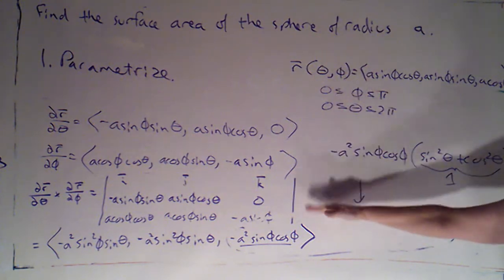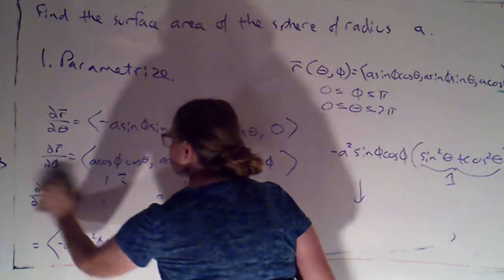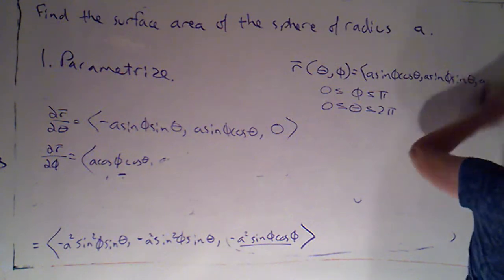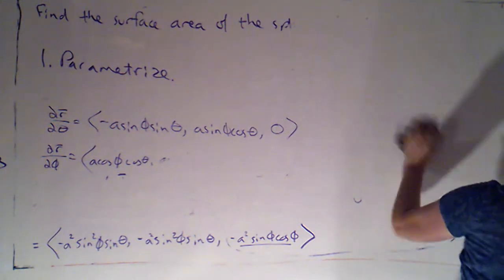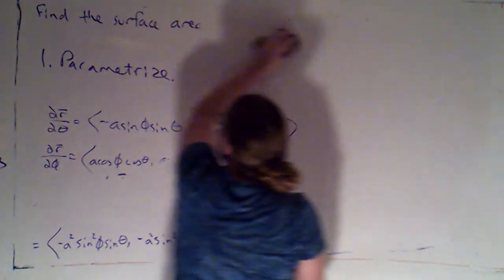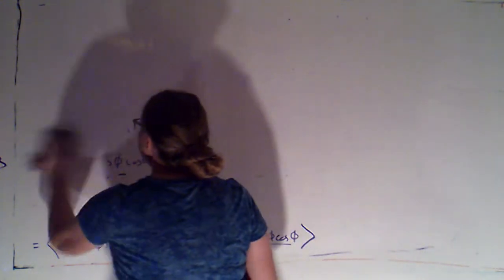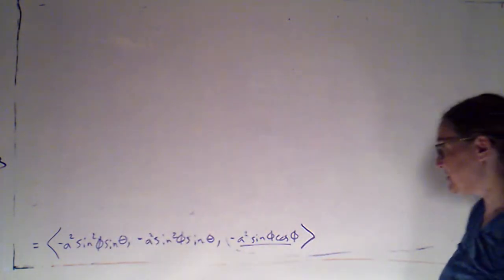Now I'm going to clear the board, but erase everything except that result, because what I need to do now is calculate the magnitude of that. Okay. So we're going to be looking at the magnitude of this cross product, and that's what we're going to need to integrate.